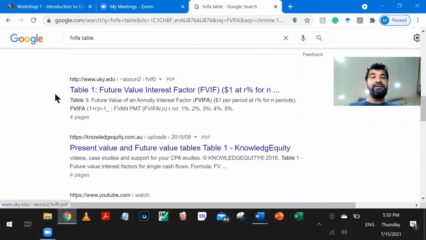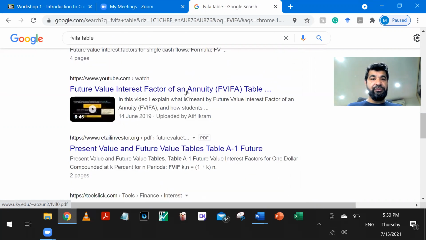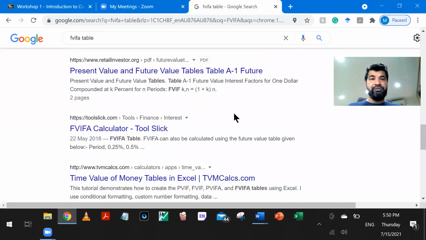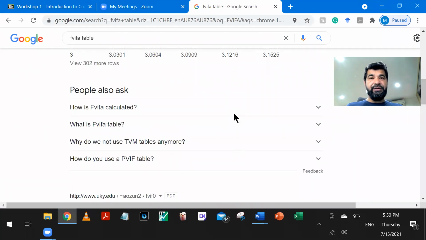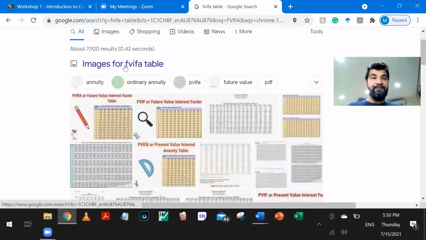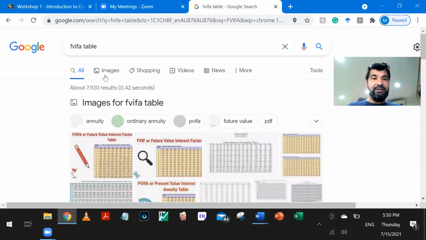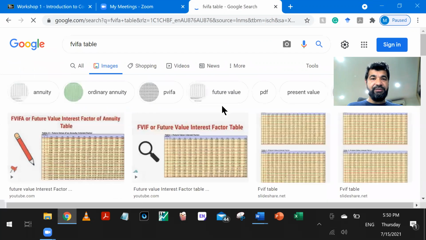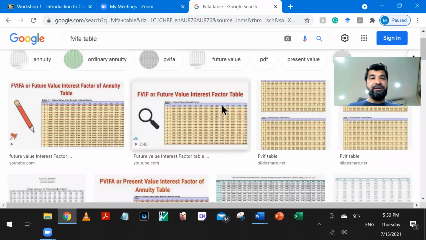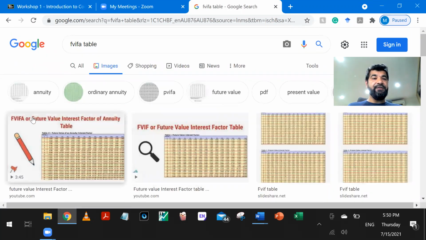Look, don't get confused. Always look for the word annuity mentioned on the top. Otherwise you might get confused. This is the future value interest factor of annuity table.